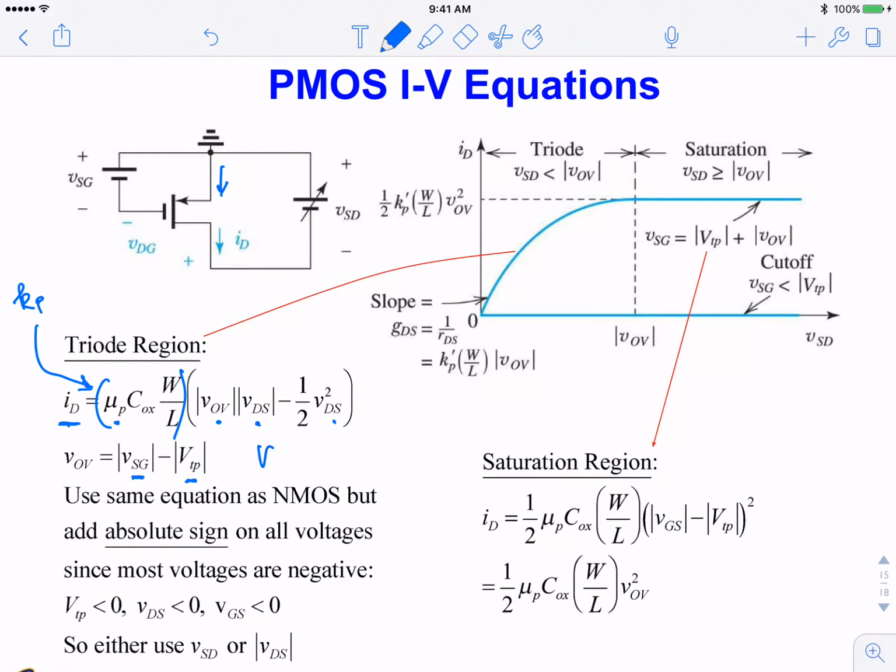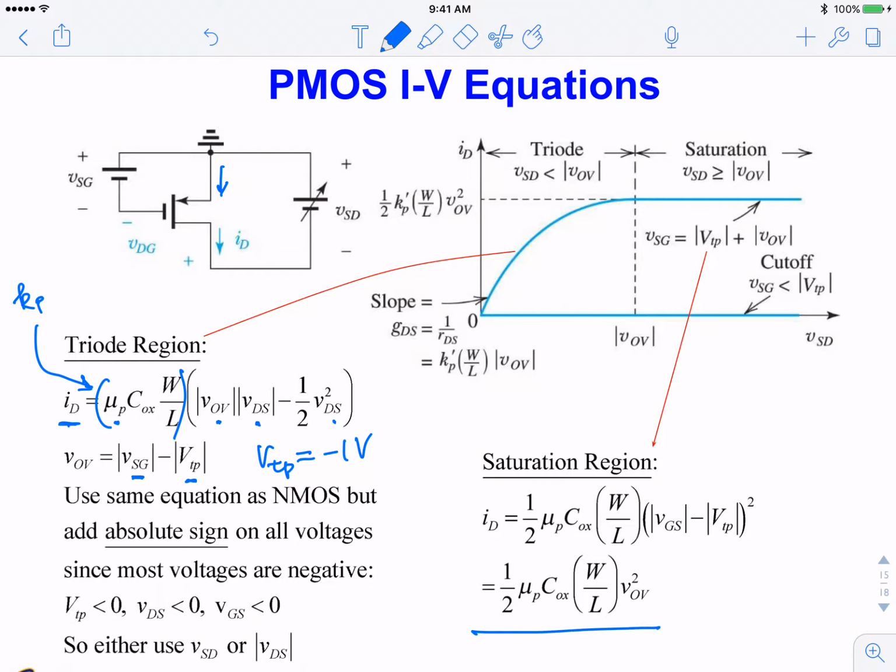VTP is usually negative, let's say minus 1 volt. But you take the absolute value, substitute it in, and use essentially a familiar equation.